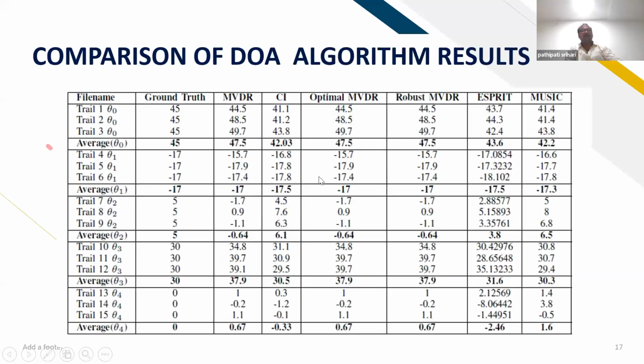This is the table that we obtained for various ground truth values, and you can see MVDR, covariance interferometry, optimal MVDR, and robust MVDR giving significantly better performance compared with the other algorithms against the ground truth values. So this is our observation.